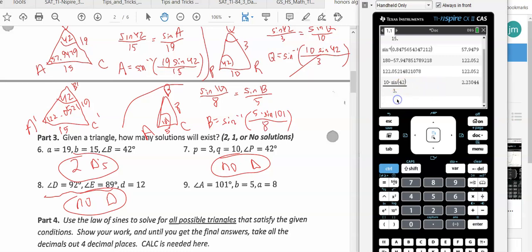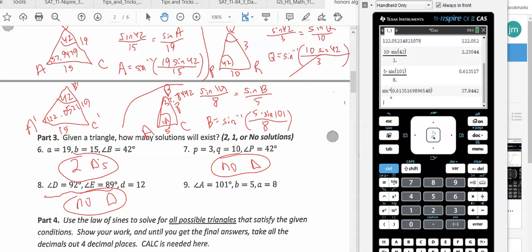Let's try that here. So we get 5 times sine of 101 divided by 8. It is a number smaller than 1, so I'm going to take the inverse sine. That number is 37. So that angle right there is 37.8422.